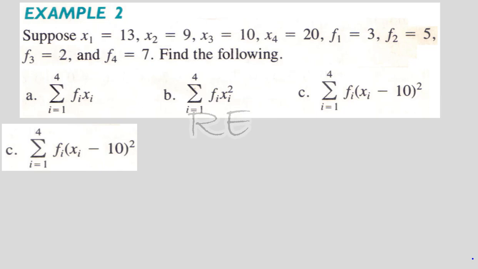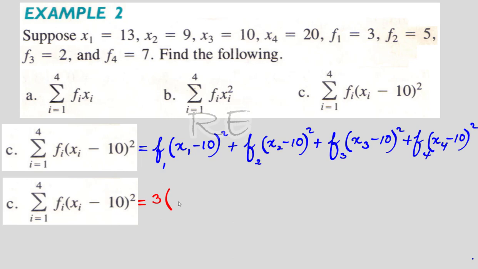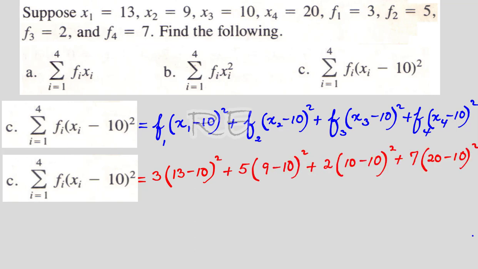C asks for the calculation of the sum from 1 to 4 of f_i times (x_i minus 10) squared. f1 is 3, and we have 3 times (13 minus 10) squared, plus f2 is 5 times (x2, 9 minus 10) squared, and so on.